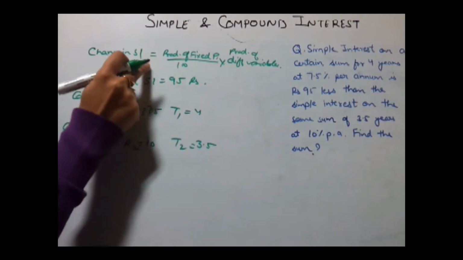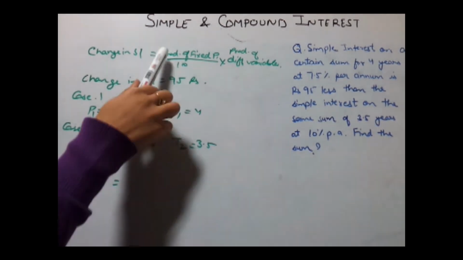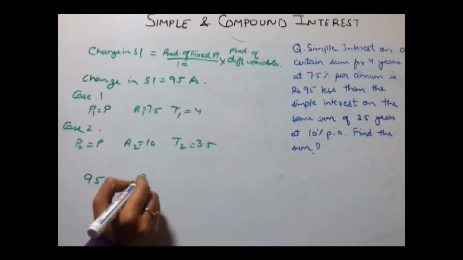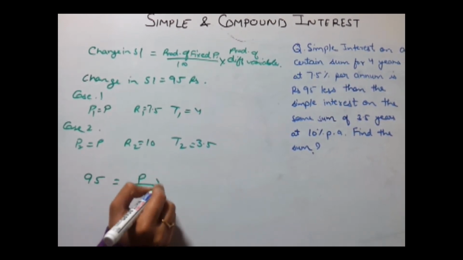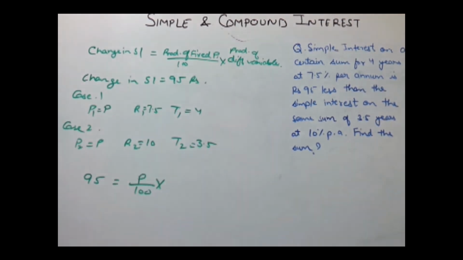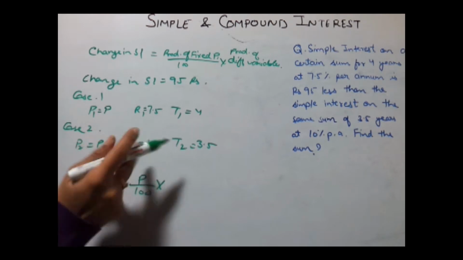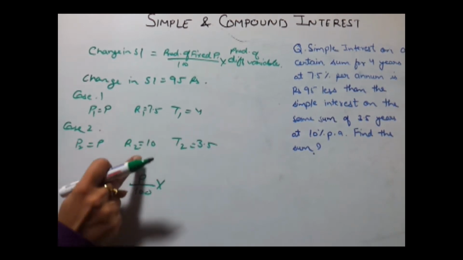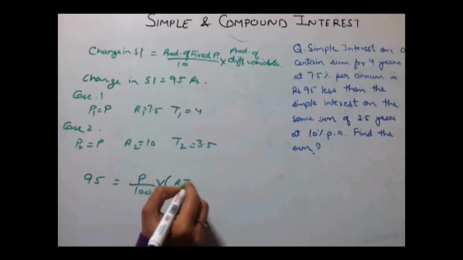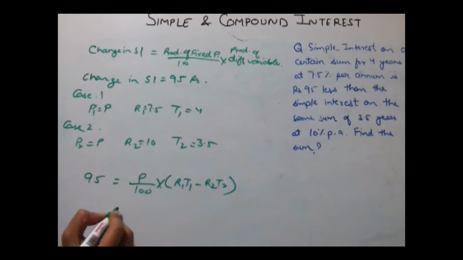Now putting the values in this formula gives us 95 is equal to the product of fixed parameters. The fixed parameter is only P over here, so P divided by 100 into the difference of the variables. Our different variables are R1, T1, R2 and T2, so the difference would be R1 T1 minus R2 T2.